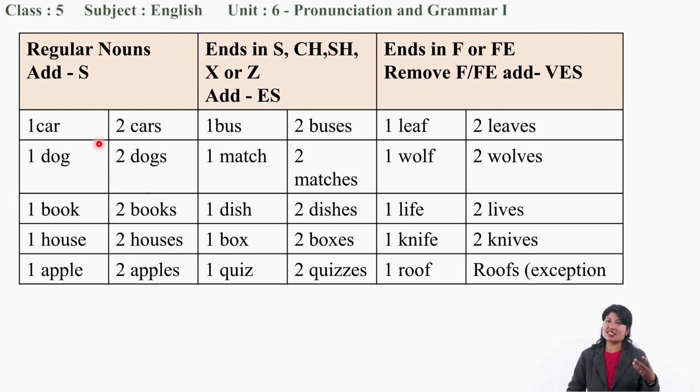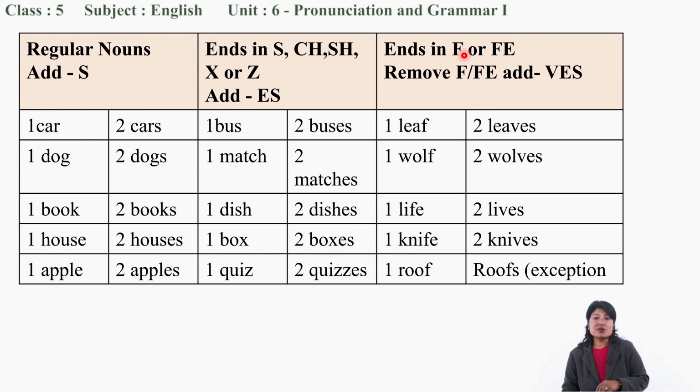But when a word ends in s, ch, sh, x, or z, you add es. Bosses, matches, dishes, boxes, quizzes.